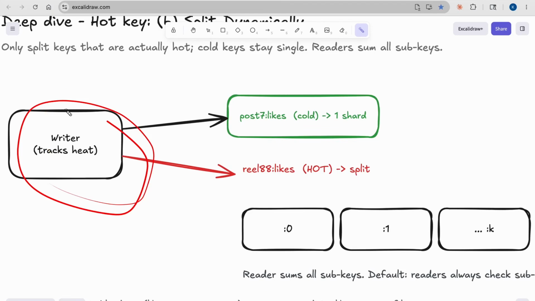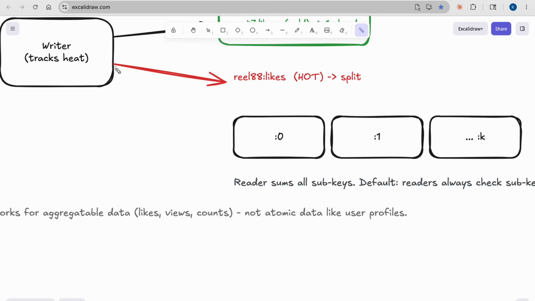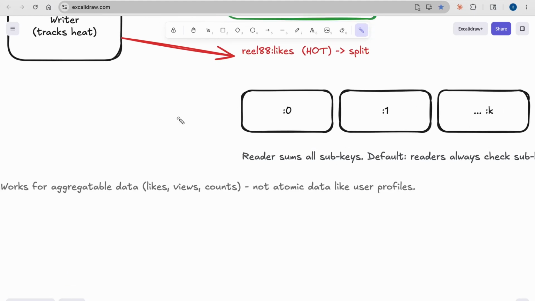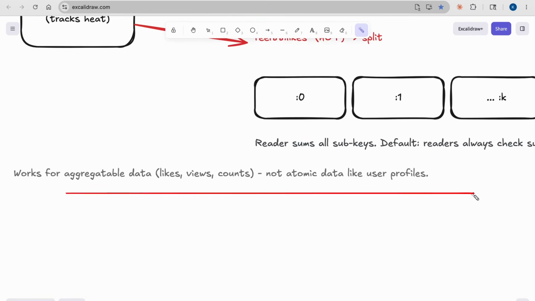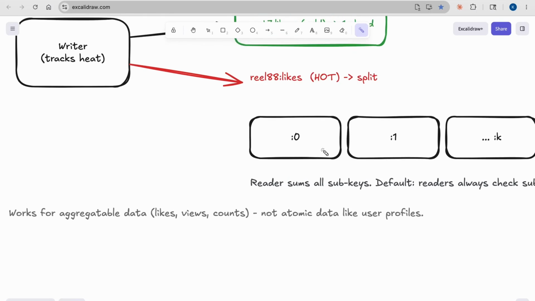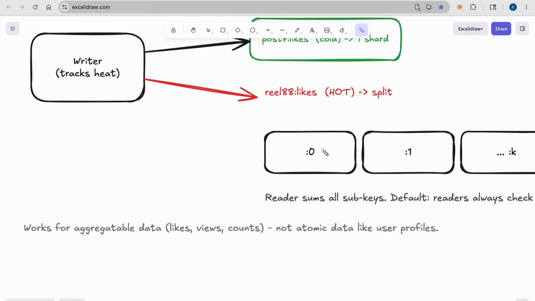If it's cold, we just keep it in one shard. If it's hot, we do the sub key split. We might have some logic on how many events a key is receiving within a time span, or whether it is above the threshold, and accordingly we can dynamically split keys.